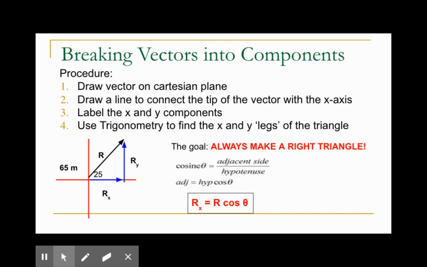Okay, our shortcut equation for the y component: if we're looking for the opposite leg, we have the hypotenuse. So we're going to want to use the sine. So our second equation, we have sine of theta is equal to opposite over hypotenuse, which is technically the y component over the magnitude of the vector.